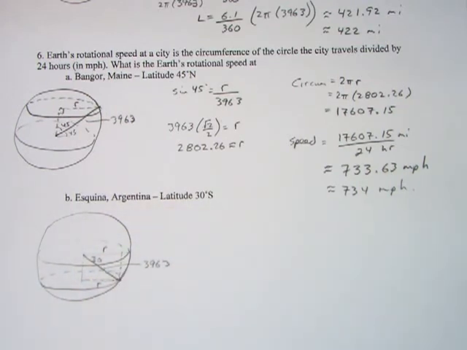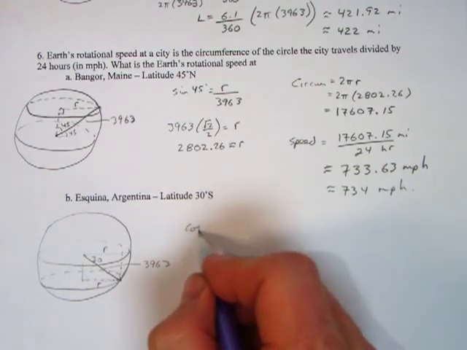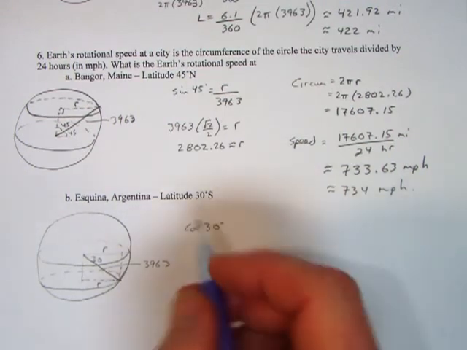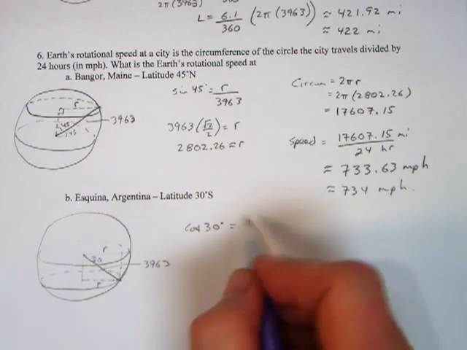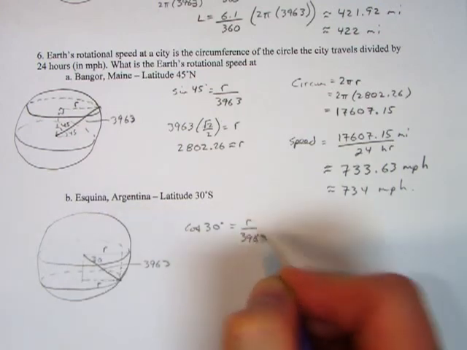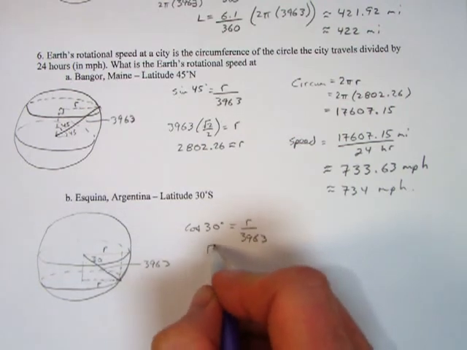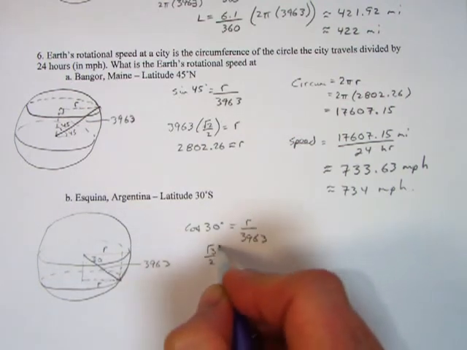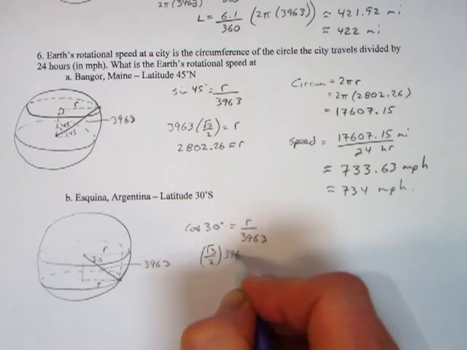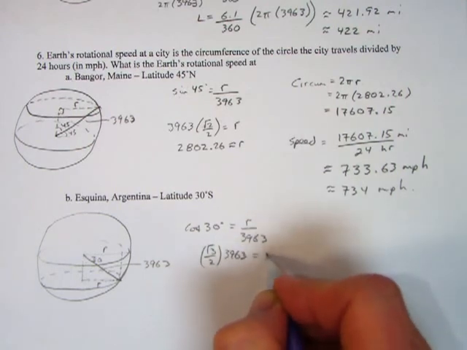So this time what I could say is the cosine of 30 degrees equals the adjacent R over 3963. If I did it like I did the first one, this would be 60 degrees, so I would say the sine of 60 degrees equals opposite over the hypotenuse. Now we know the cosine of 30 degrees is square root of 3 over 2, times 3963, and that equals R.